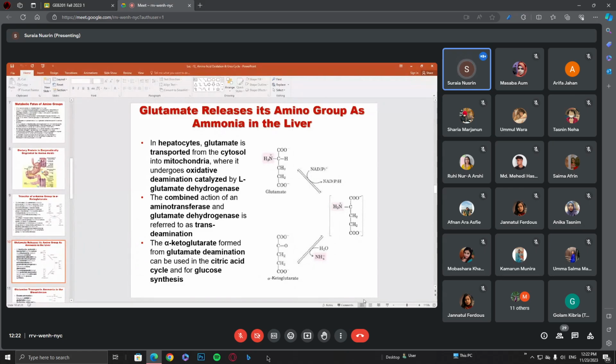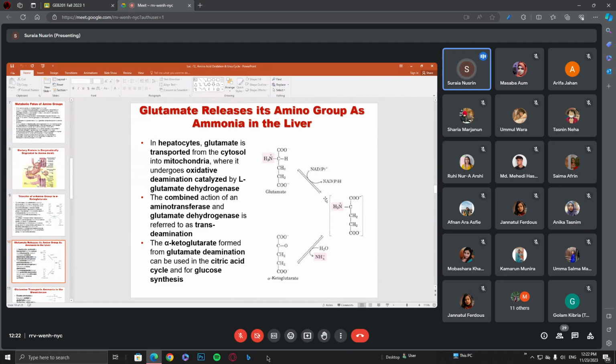Okay, oxidative deamination. So oxidation is happening, at the same time the amino group is removed, and the enzyme which is doing this reaction is called glutamate dehydrogenase. Obviously oxidation, dehydrogenase enzyme, and the deamination is also there.